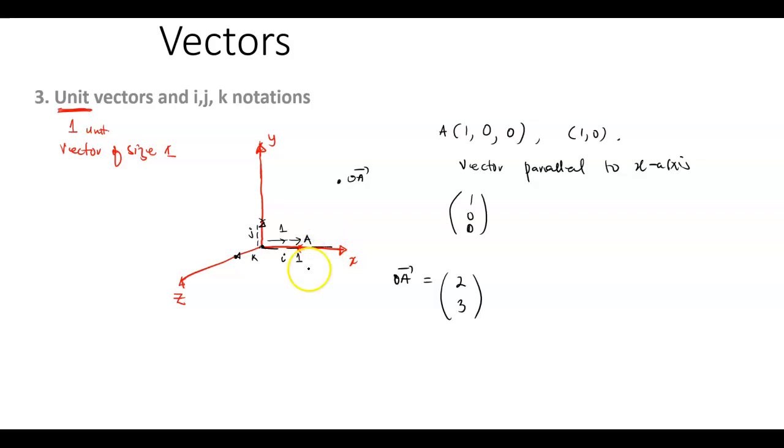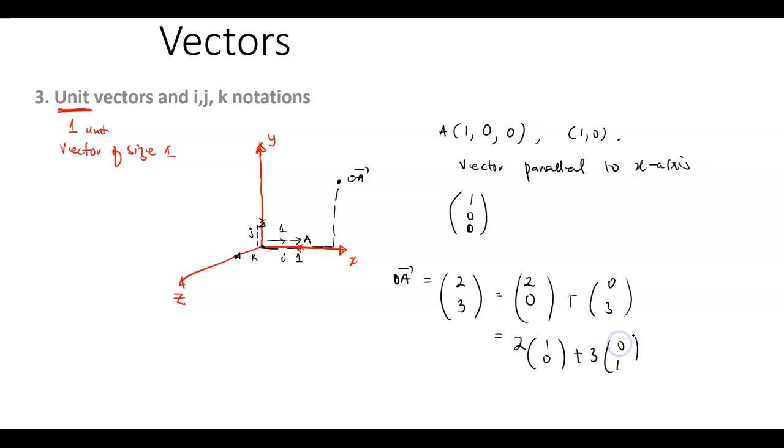You have moved 2 unit vectors across, and you have moved 3 unit vectors up. That means you have moved 2 of your i's plus 3 of your j's. So that's why that line is also called 2i plus 3j.